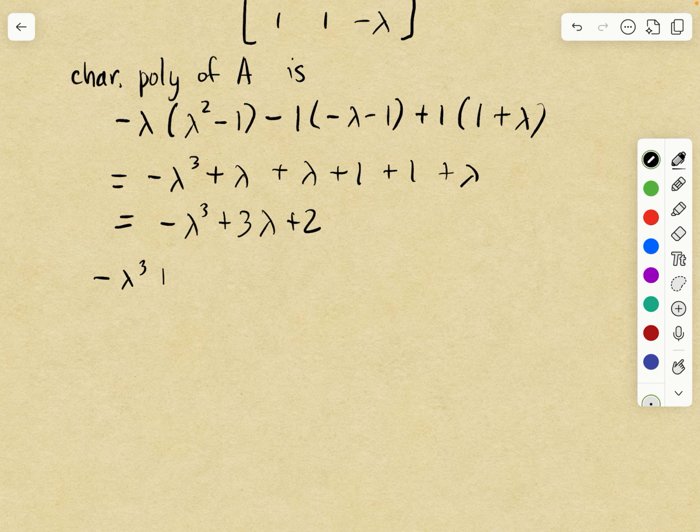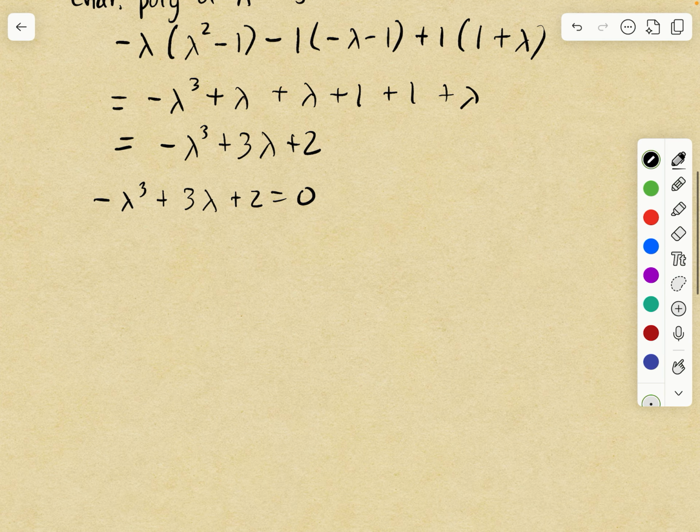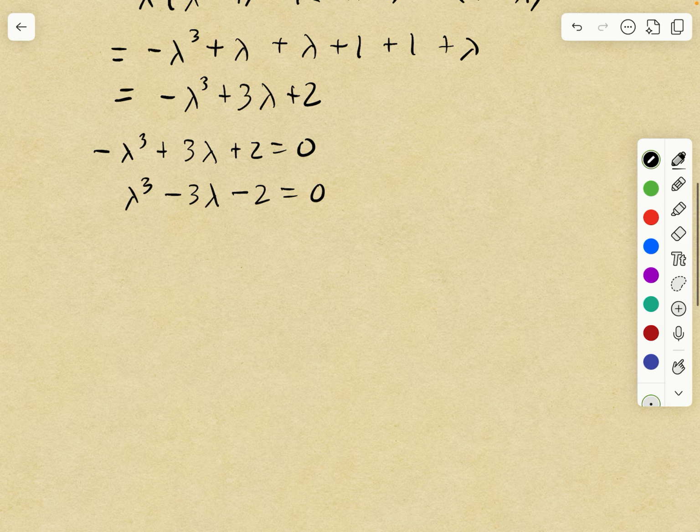So we set this characteristic polynomial equal to 0. Just to make it a little easier, I'm going to divide everything by negative 1 so that the leading coefficient is positive. So now I have to find the roots of lambda cubed minus 3 lambda minus 2 equals 0. So this is a cubic polynomial.